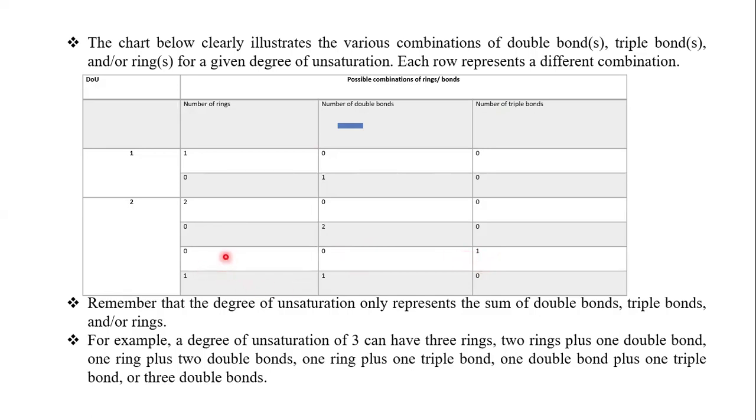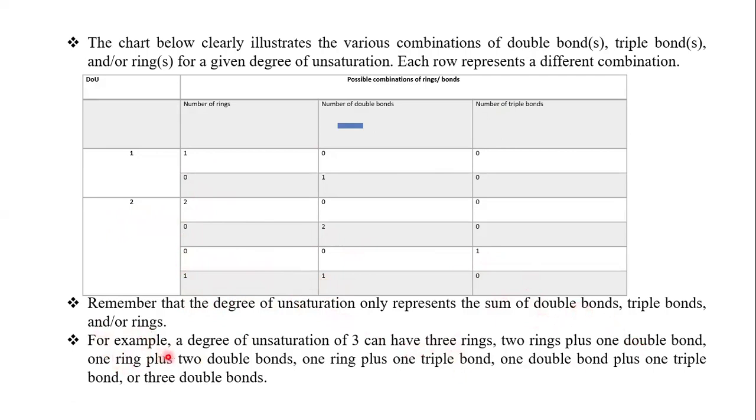It can be in a situation that if DOU is equal to 2, it may contain one ring and then 1 double bond. Remember that the degree of unsaturation only represents the sum of double bonds, triple bonds, and or rings.